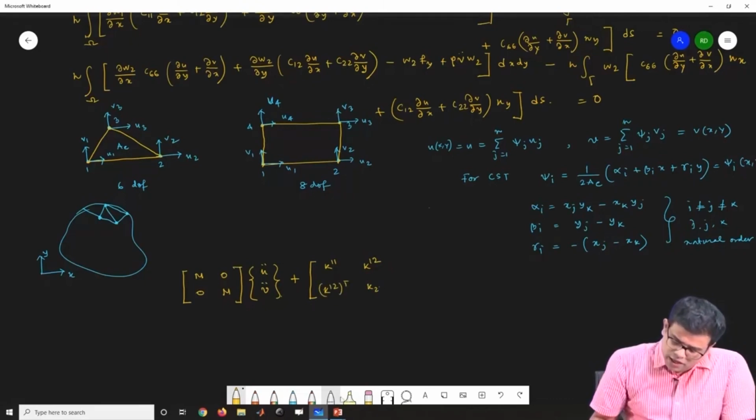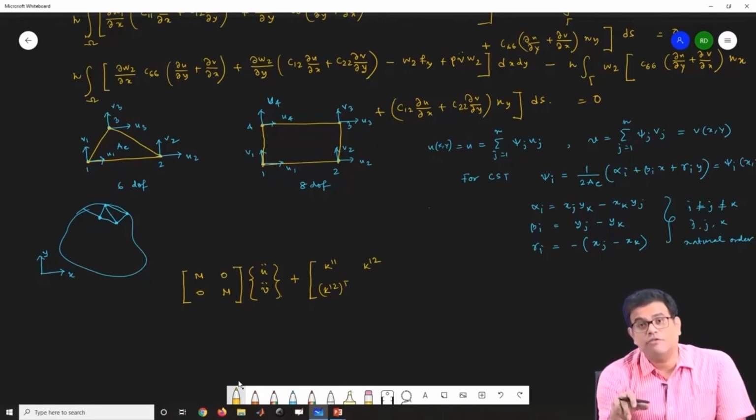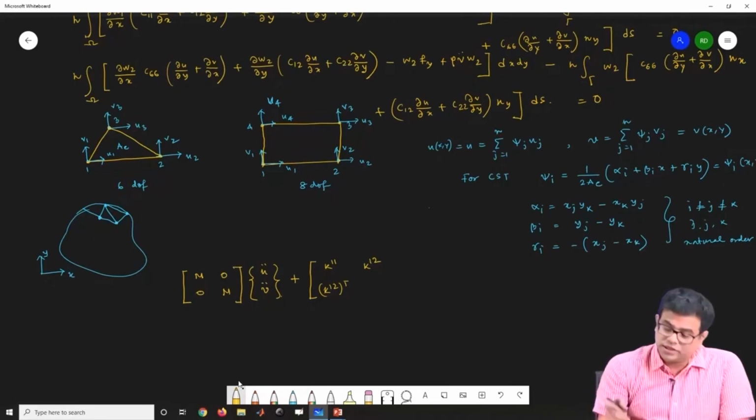Why K12 transpose? Because this weak form, the bilinear form, is actually symmetric. So that's why the symmetric stiffness matrix will come.